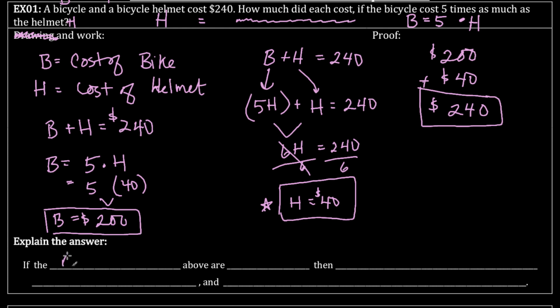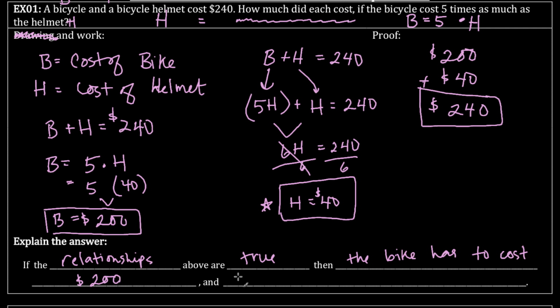So if the relationships above are true, then the bike has to cost $200 and the helmet has to cost $40.